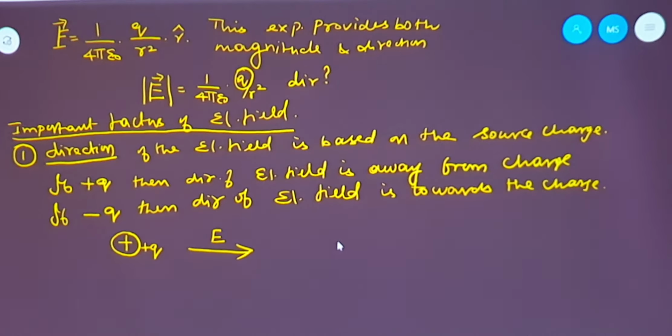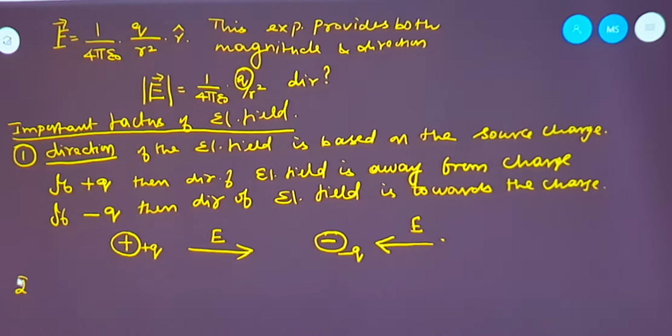If it is minus Q, the direction of electrical field is towards the charge. This is the first point regarding the direction.